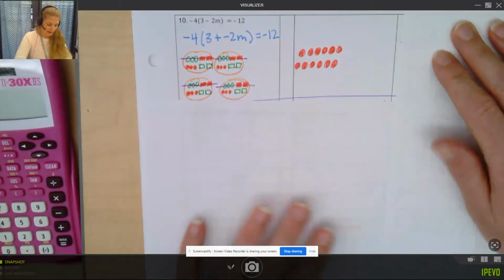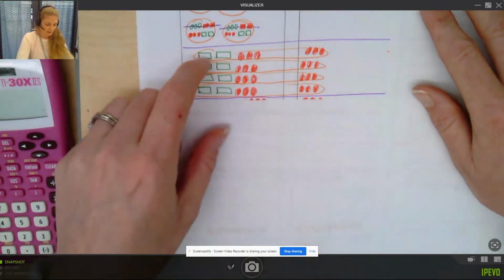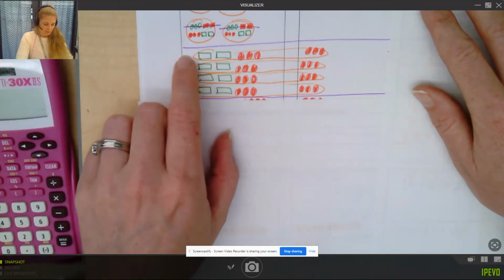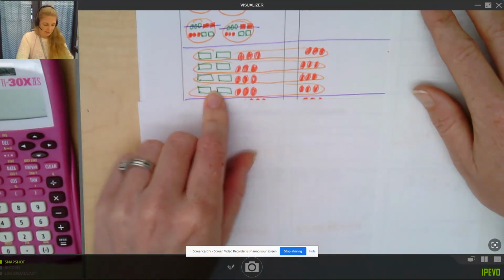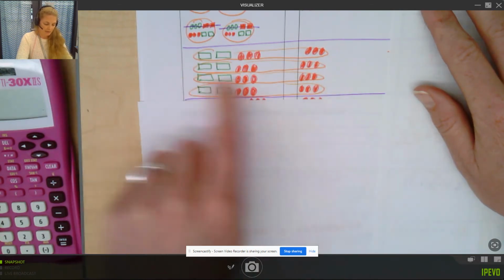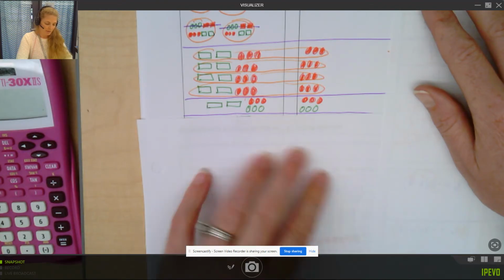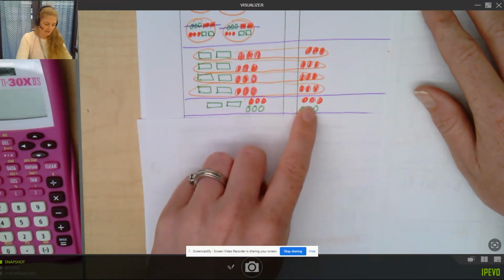So you take those away, and what are you left with? We are left with these groups together. So 1, 2, 3, 4 groups of 2 positives and 3 negatives in each group. And when we take those into groups again, we end up with 2 x's plus 3 negatives is equal to 3 negatives.